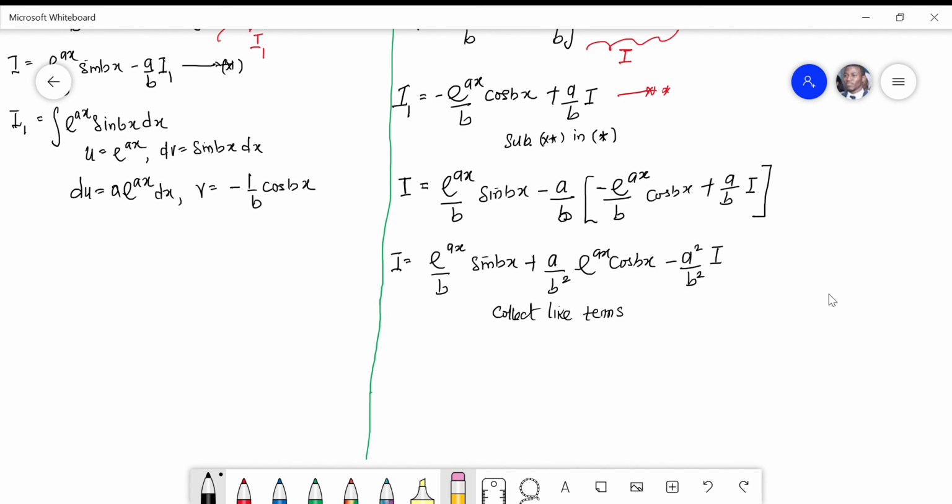So when we collect like terms, we're going to have I plus a squared over b squared I, and this is going to be this. So you're just writing it again.